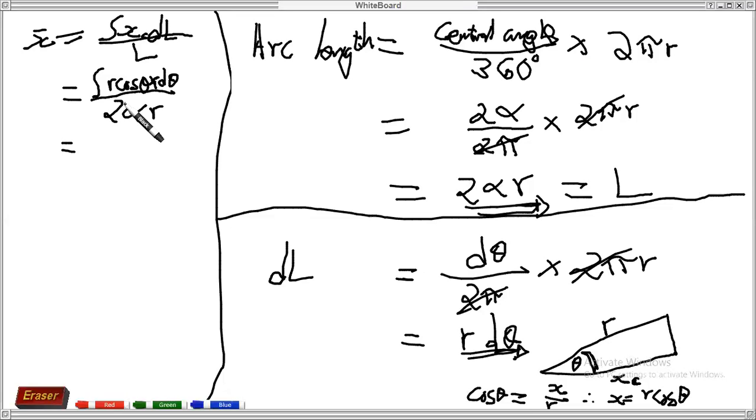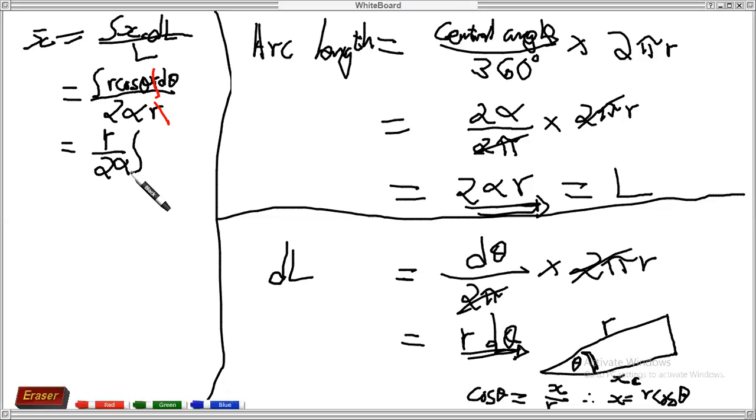Okay, you can substitute in here. The R's can cancel each other. R can cancel R, and that's it. Then you're left with one R at the top there, R divided by 2 alpha.